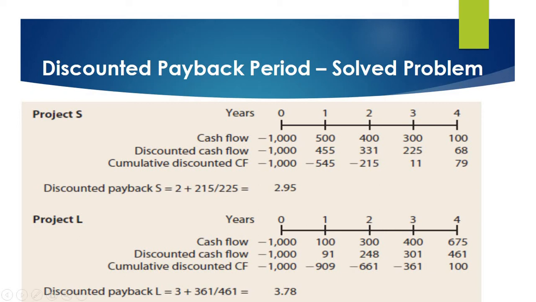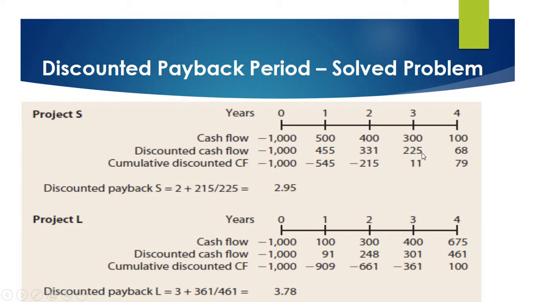Then the discounted cash flow for year 2 is 331, added to the cumulative discounted cash flow of year 1, minus 545, equal to minus 214.